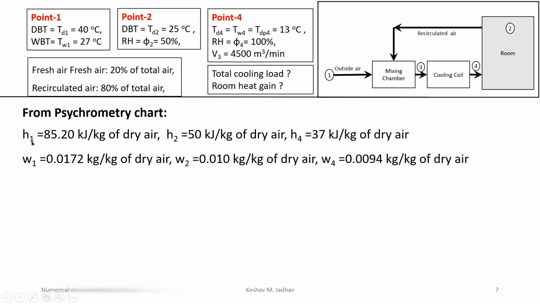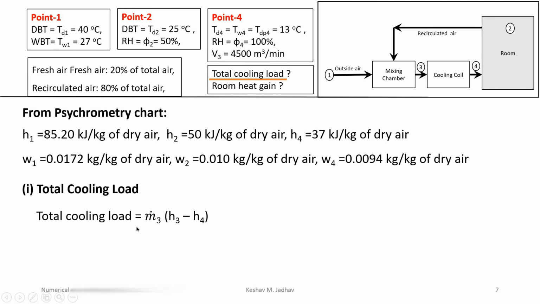So from the psychrometric chart we have found the enthalpies and specific humidity values at point 1, point 2, and point 4. Now we have to calculate the total cooling load. Total cooling load is equal to mass flow rate of air into change in enthalpy across this cooling coil.